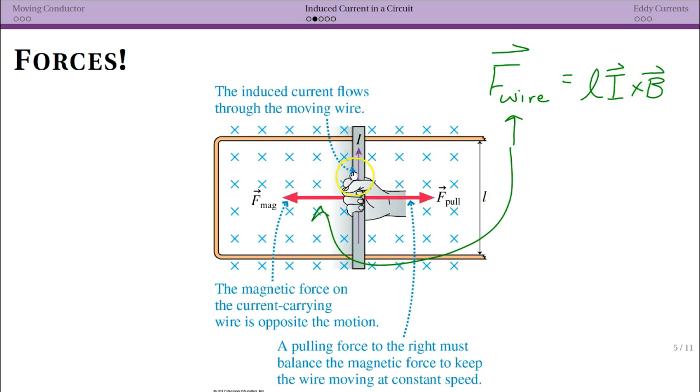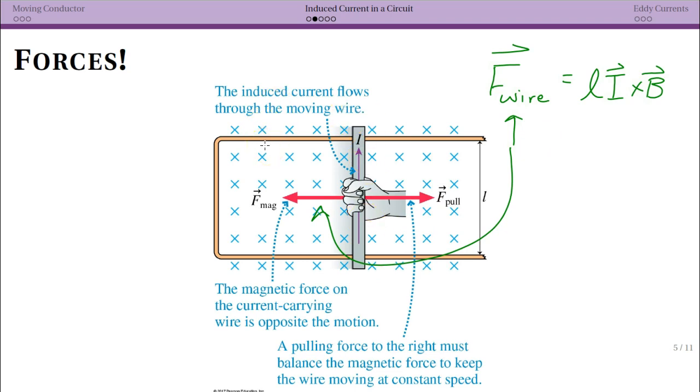So if we just gave this bar a kick and started it moving, even if we said there was no friction, it wouldn't keep moving at a constant speed because there's actually a force due to the current that we've induced in this circuit.